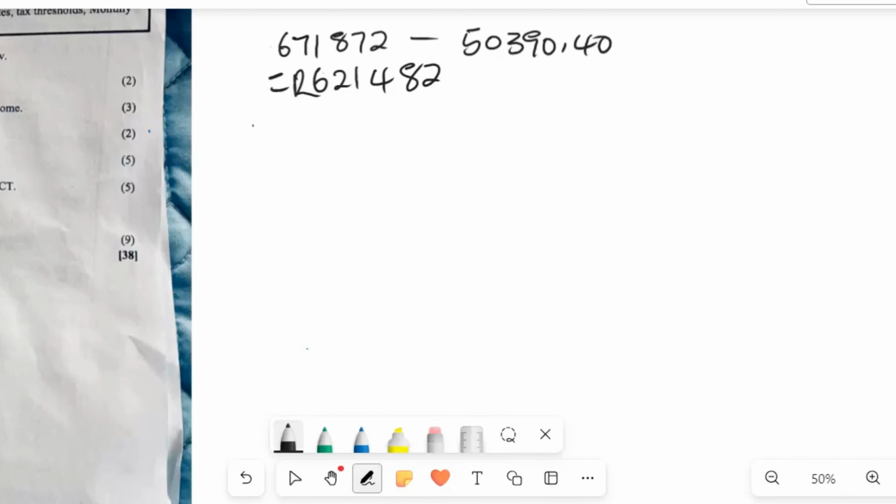Okay, so the second step, let us find the tax bracket. We want to see where this amount falls in comparison to the table. 621,482 falls where?